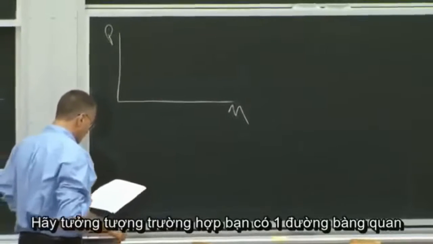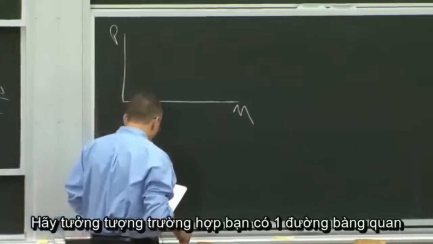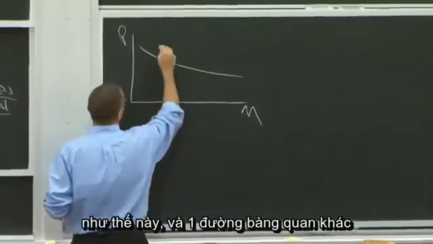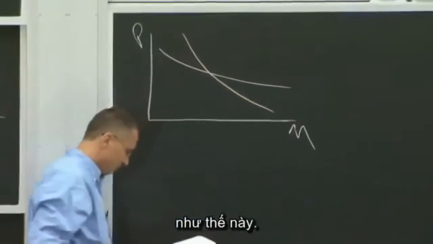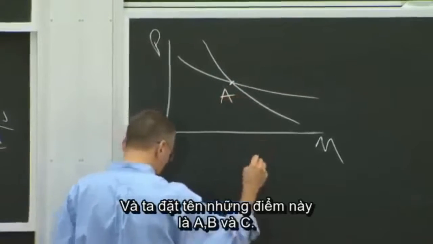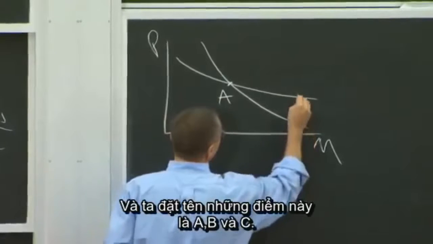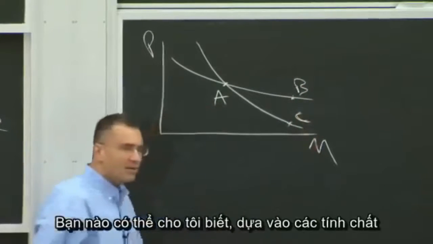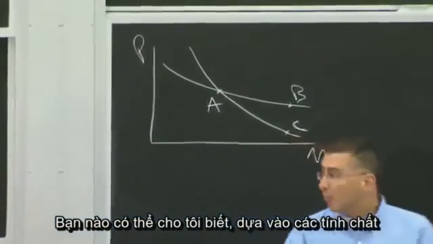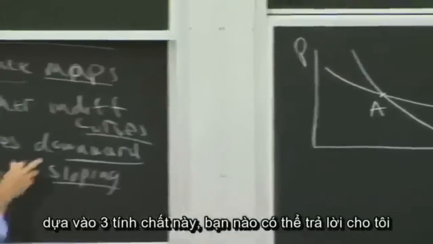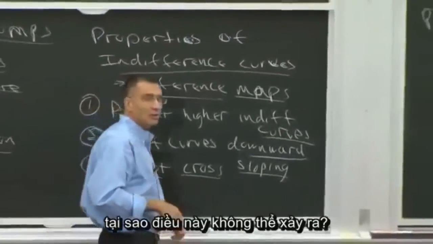And imagine one indifference curve that looks like this, and one indifference curve that looks like this. Okay, 2 indifference curves. And let's label these points A, B, and C. Now, based on the properties of indifference curves that we talked about over here, given these 3 properties, can someone tell me why this is a violation?